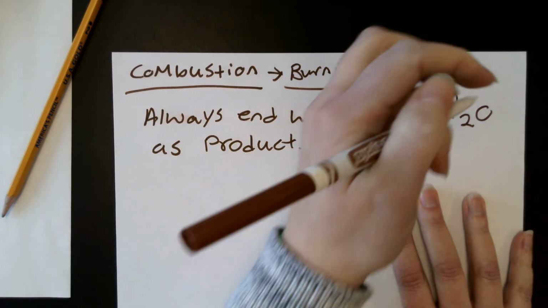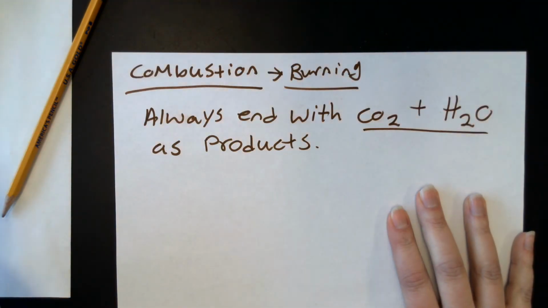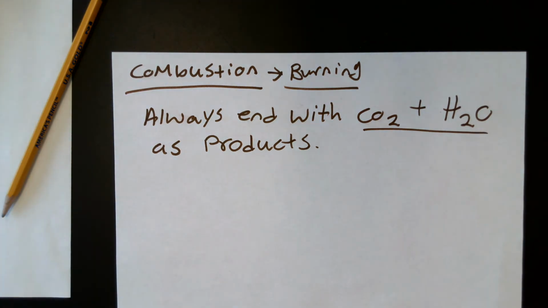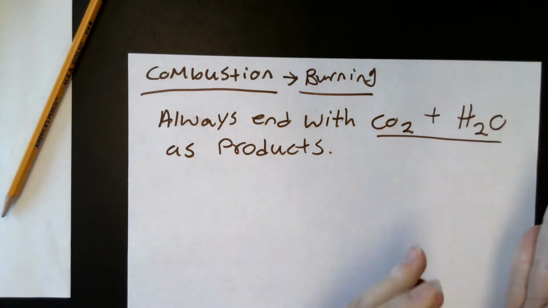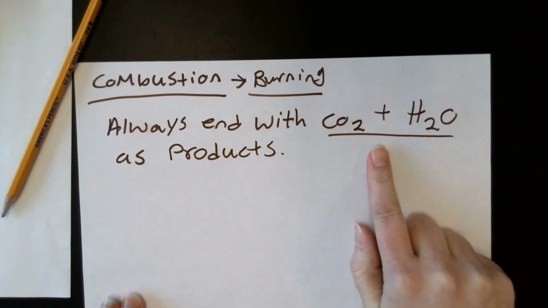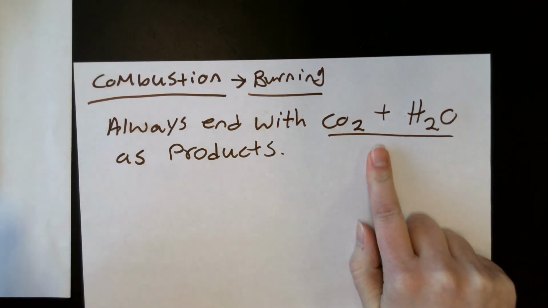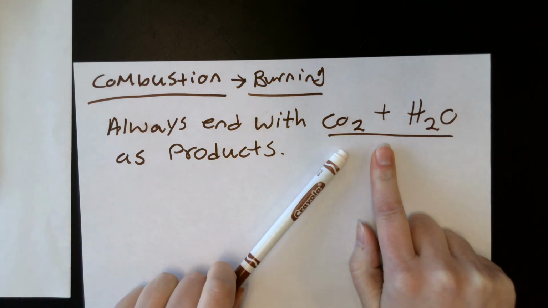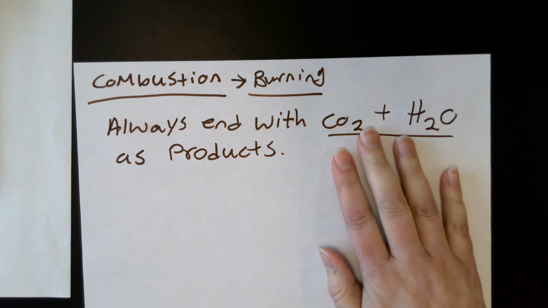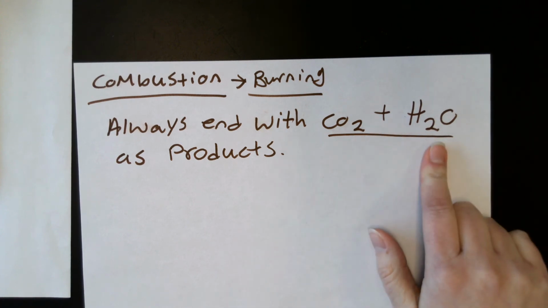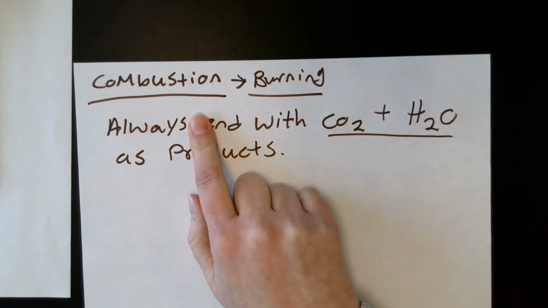So combustion kind of throws you for a loop. Instead of you going, oh, what partners do you switch from reactant to product? Now it's asking you simply, what do you end with? If it's this, it's combustion. No other reaction ends with CO2 and water except combustion.